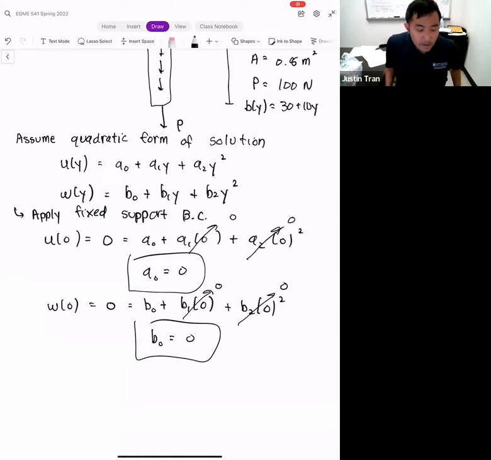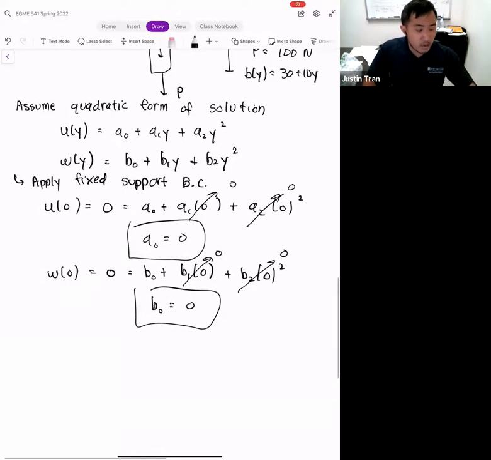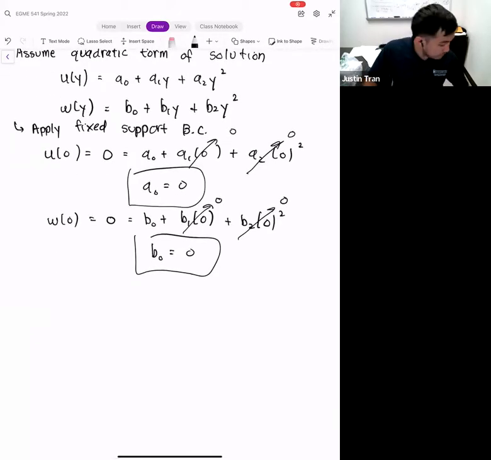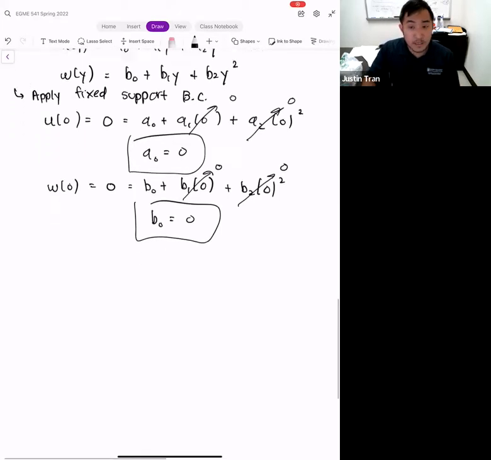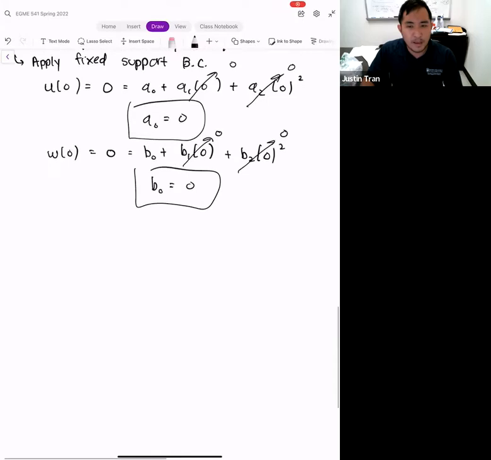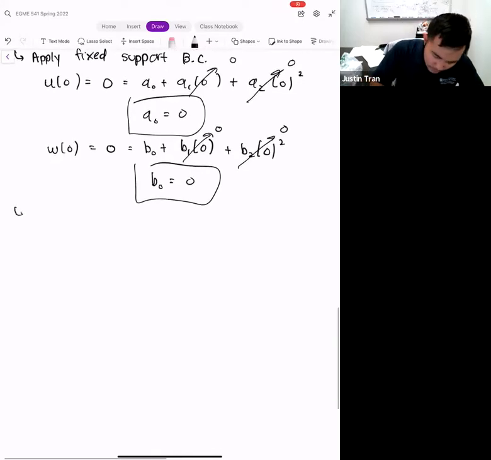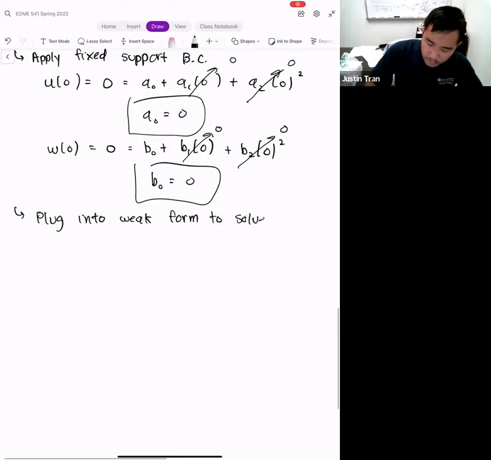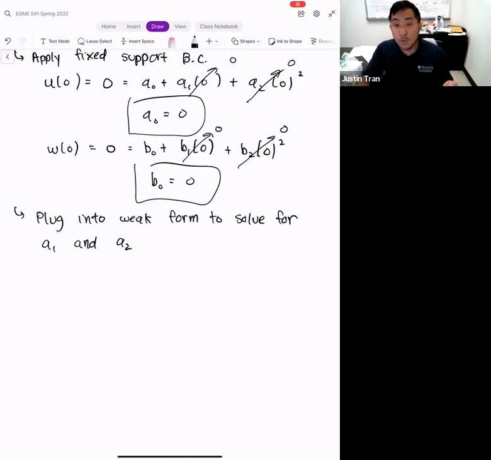Now that we've solved for a0 and b0, we're left with two constants. The next step is to plug this into our weak form and solve for the remaining two constants, the ones in our solution vector.